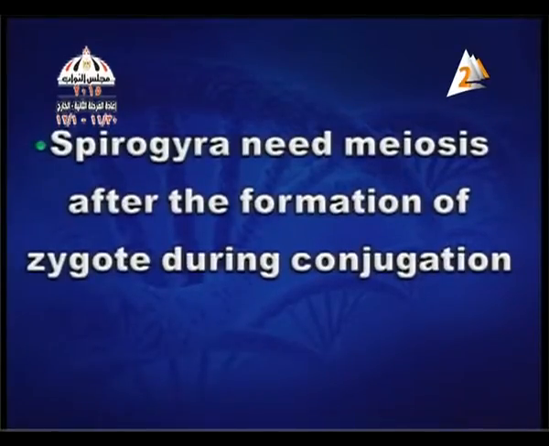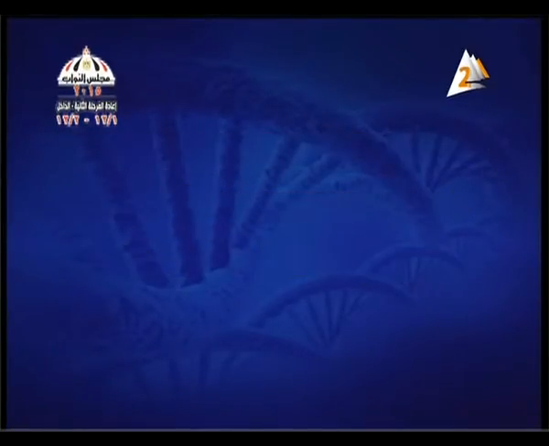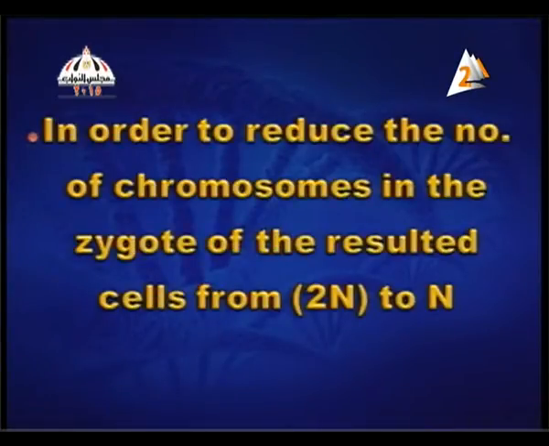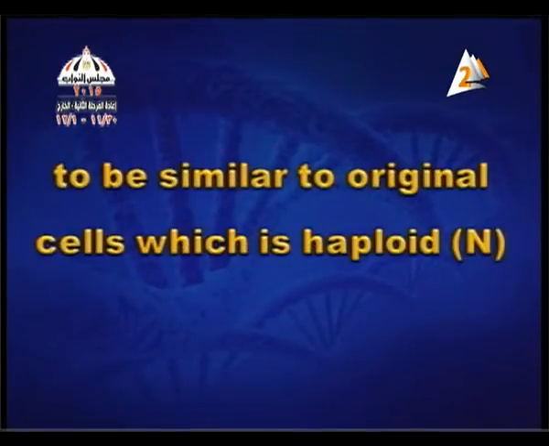You are right. In order to reduce the number of chromosomes in the zygote of the resulted cells from 2n to n, to be similar to original cells, which is haploid number of chromosomes. Next.